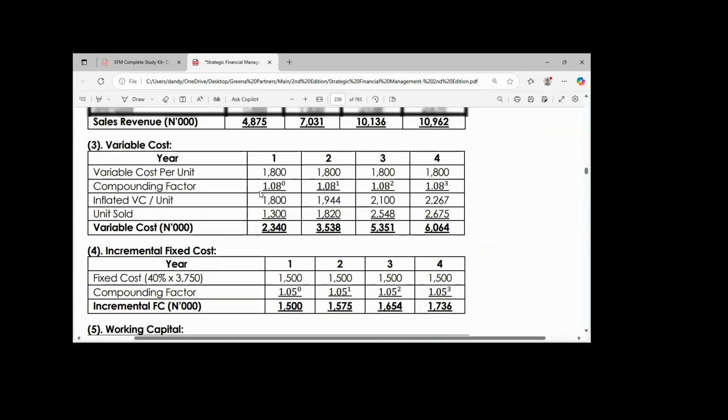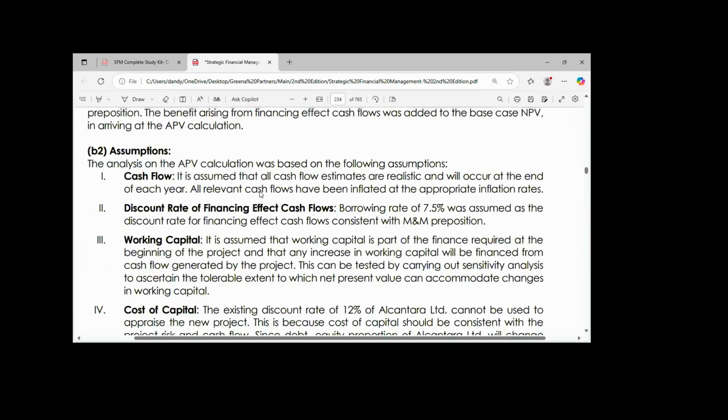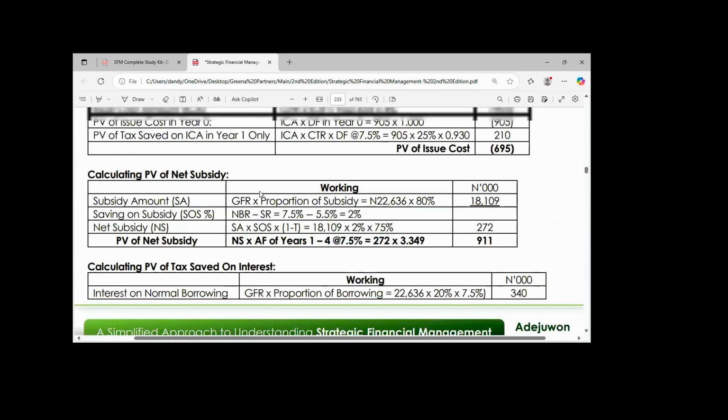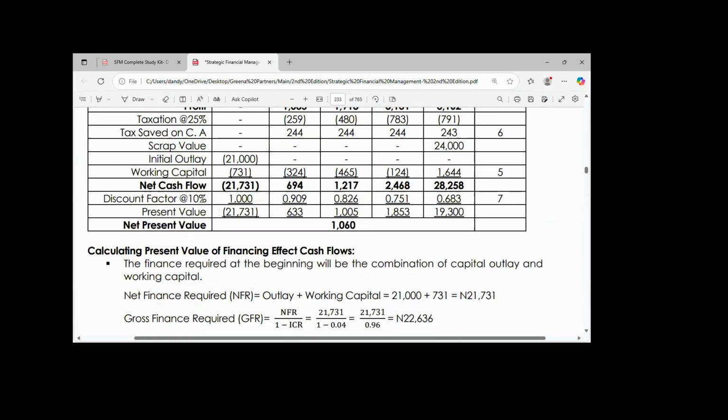So let's go and discount the relevant cash flow. This is the 10% here. In year 0, of course, the discount factor is 1. The discount factor at 10% for year 1 is 0.909, 0.826, 0.751, 0.683 for year 1, year 2, year 3, and year 4 respectively.